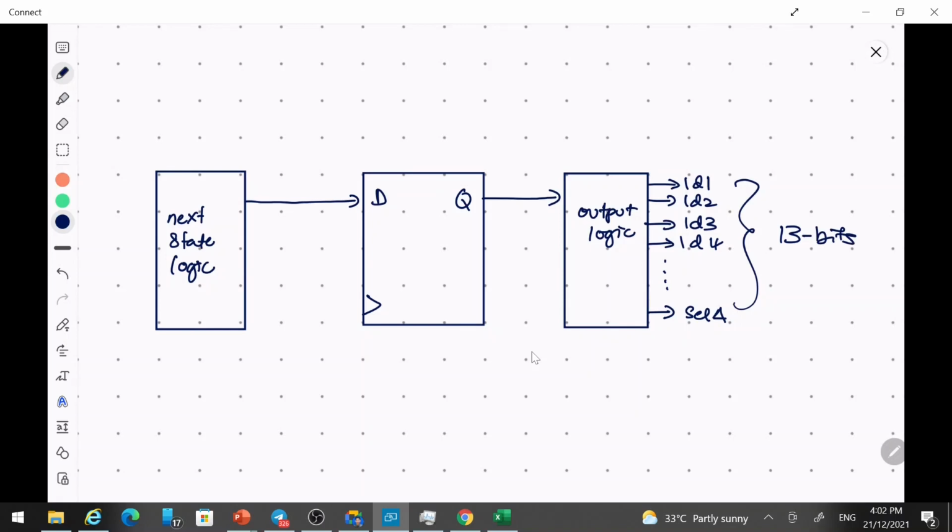Okay, and again, in the Moore type FSM, you have the feedback from this to this. Now my question is, what is the size of your finite state machine, or your register? How many bits?